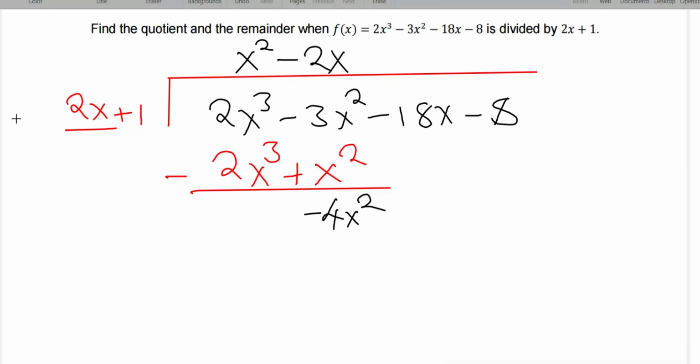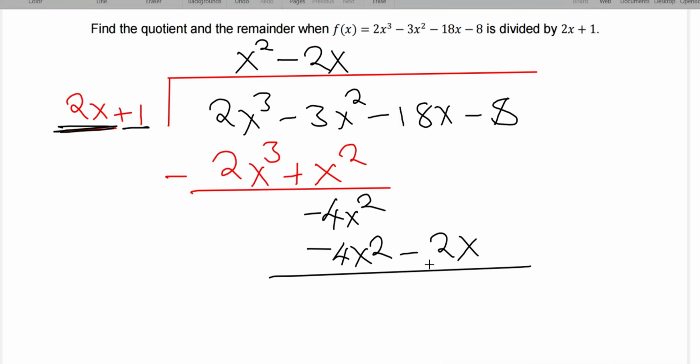The goal is that when you multiply back, it should give you back this. Minus 2x multiplied by 2x gives us minus 4x squared back. Then minus 2x multiplied by the plus 1 will just be minus 2x.